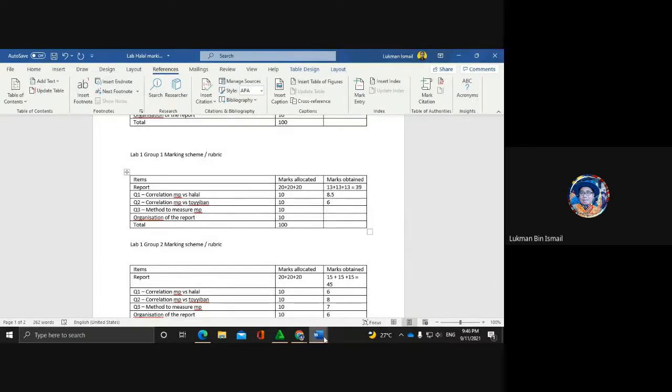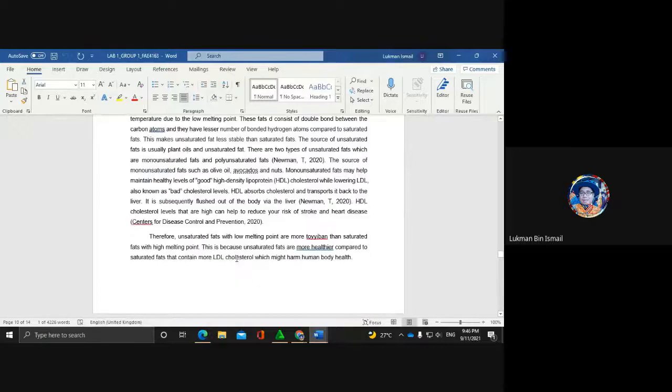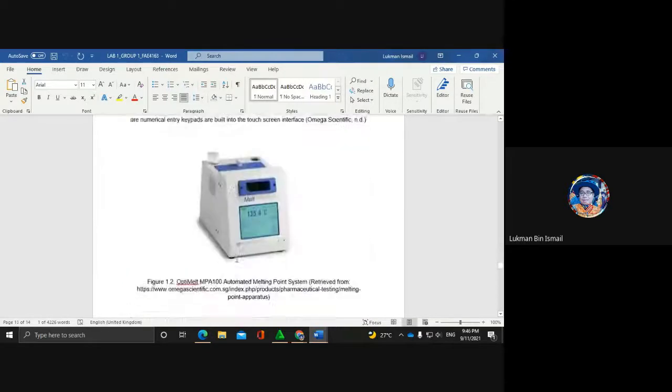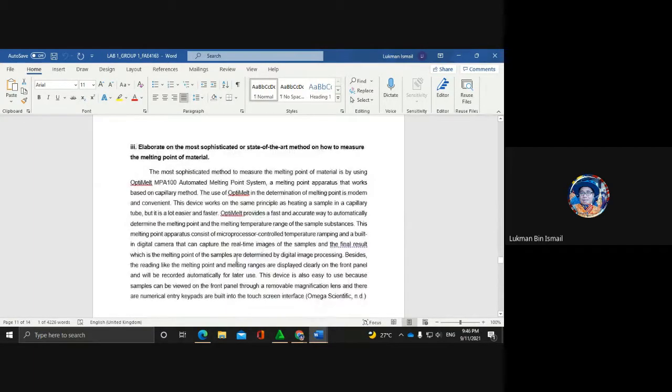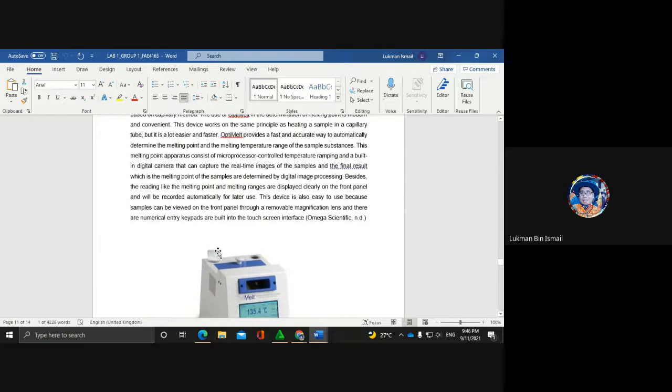Method to measure the melting point, so sophisticated method. So you're using Optimelt. Is it automated? It is automatic. So is there any example of measurement?